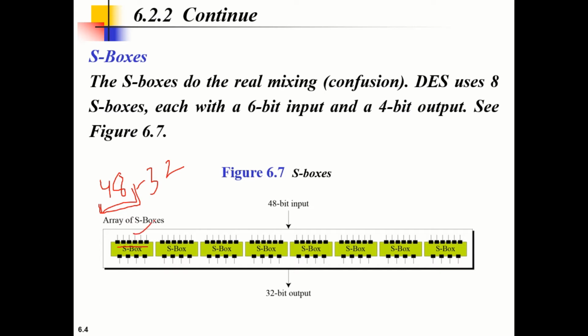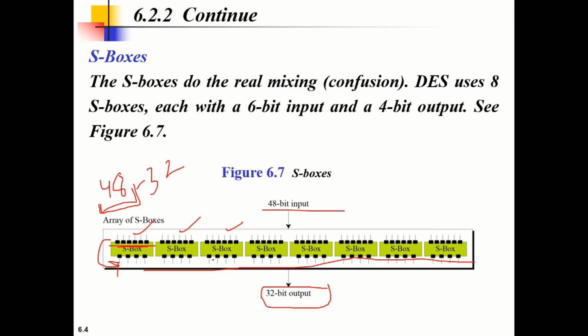Each block of 6 bits we have to change to 4 bits, so that in total the output we get after passing through the S boxes is of 32 bits. How this compression of data is done using S boxes, that we will discuss.